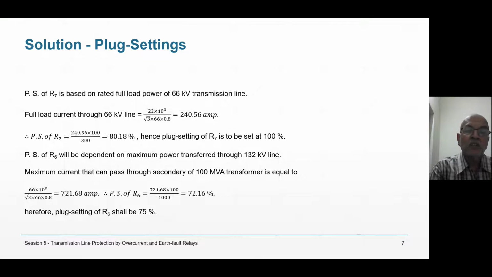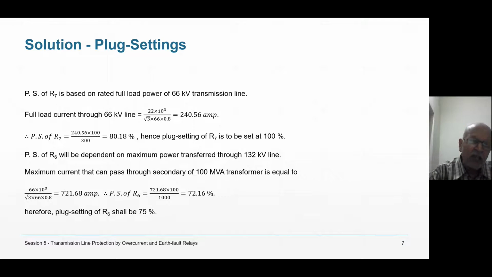PS of R7 is based on the rated full load power of the 66 kV line, which is given as 22 megawatt. If you calculate the current, it is 240.56 ampere. To find the plug setting, 240.56 into 100 divided by 300 is 80.18.